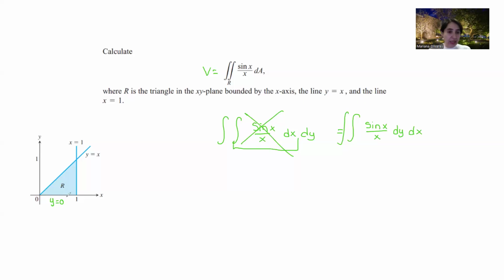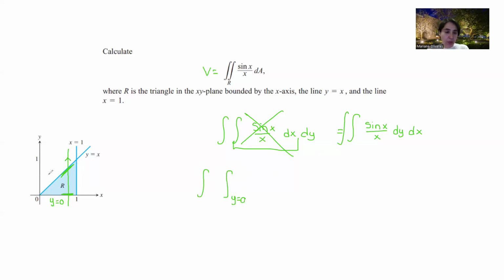If that is happening, that means that we are moving in the direction of the y-axis, how the y-axis is increasing. So that means that we're getting in by this function and going out by this function. So basically, our lowest limit of integration is going to be y equal to 0.